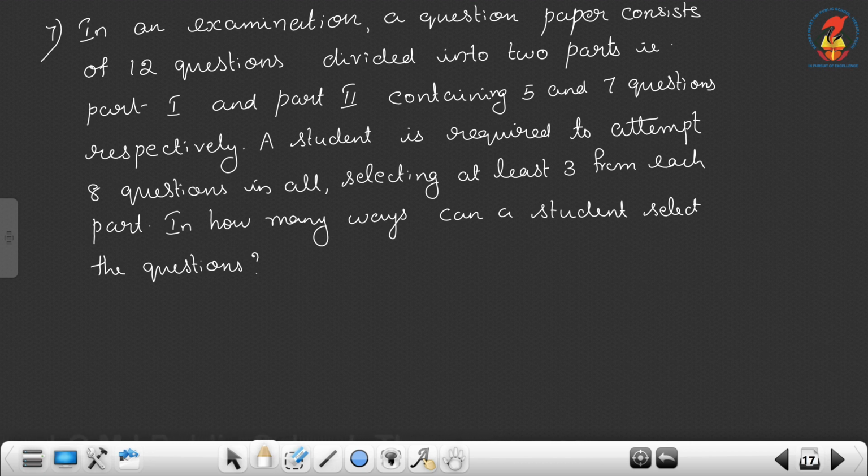The next one. In an examination, a question paper consists of 12 questions divided into 2 parts, part 1 and part 2, containing 5 and 7 questions respectively. A student is required to attempt 8 questions in all, selecting at least 3 from each part. In how many ways can a student select the questions?